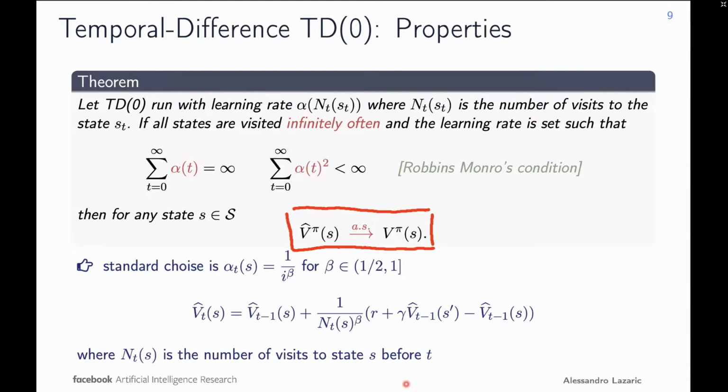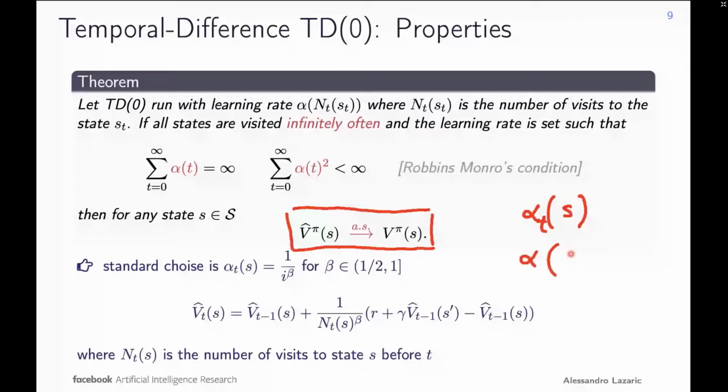So let's dig a little bit more into what are the conditions that need to be satisfied here. What I'm saying is that alpha, the learning rate, is dependent on the state. It's an alpha of s. And the way I make it dependent, so it's alpha t of s, is that I will make it decrease the more I observe the state.